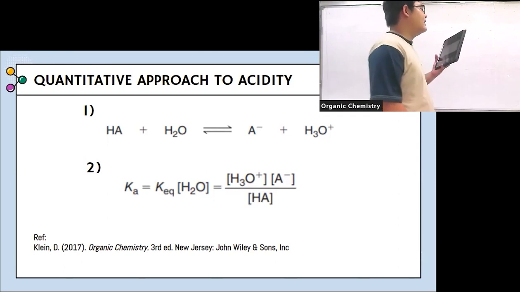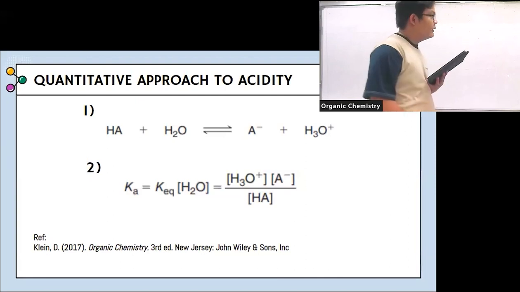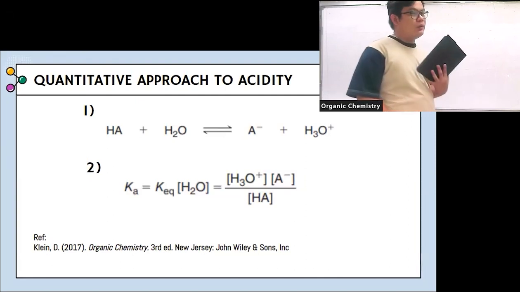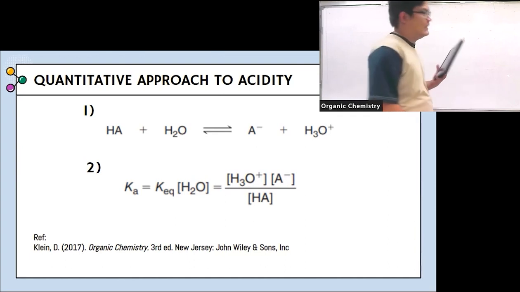Kung nakikita niyo yan, concentration yan ng H3O+. And at the same time, ka-equal yan ng concentration yung A-, ibig sabihin yung conjugate base. So, tatandaan niyo lang, gusto ko lang mapulot niyo dito sa slide na to, tumataas yung concentration ng acid sa solution, ibig sabihin, mas malakas yung acid natin.